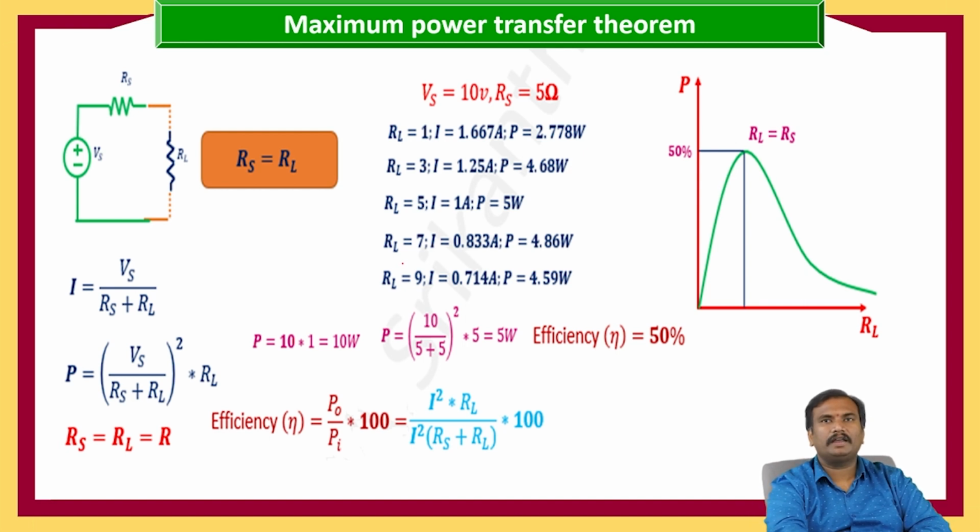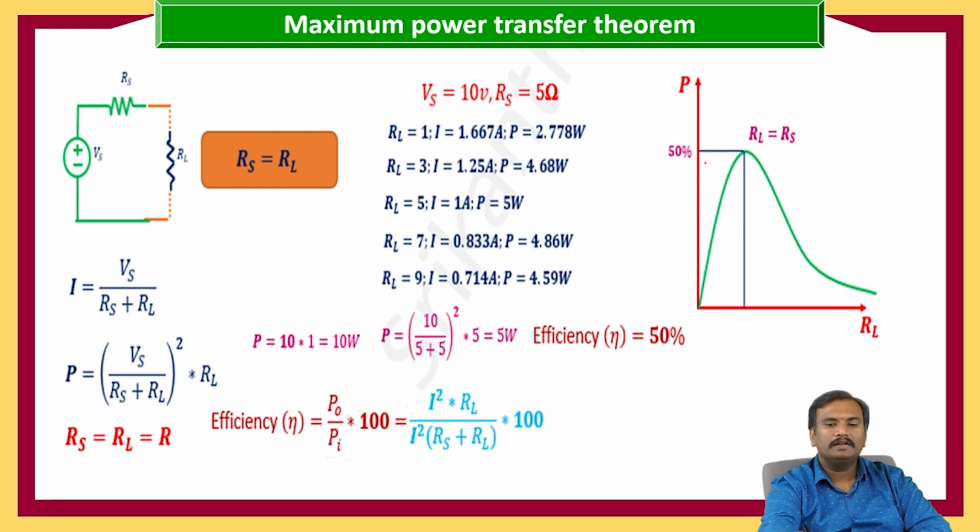Then if we take R_L value as 7, I value will become 0.833 amperes, where power will be 4.86 watts. In the same way, R_L is equal to 9, I is 0.714 amperes, and power is 4.59 watts. So again we get a decrement in the power values.